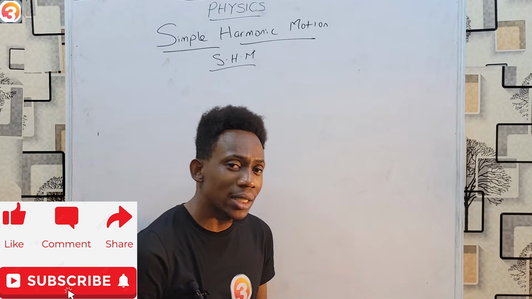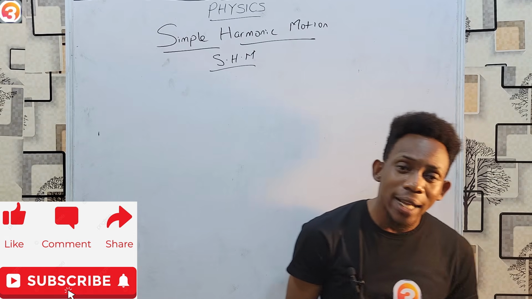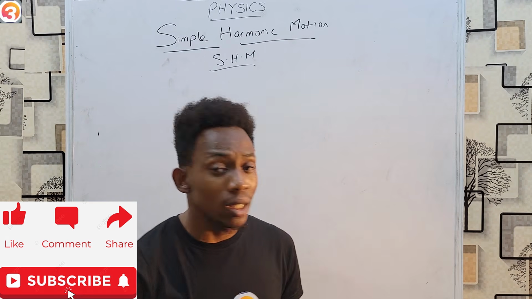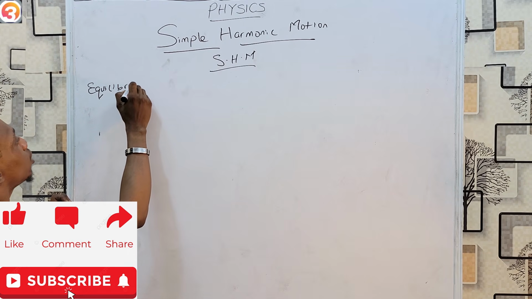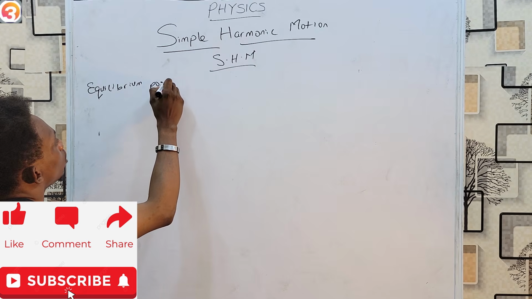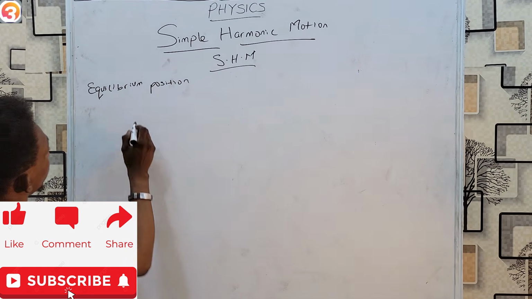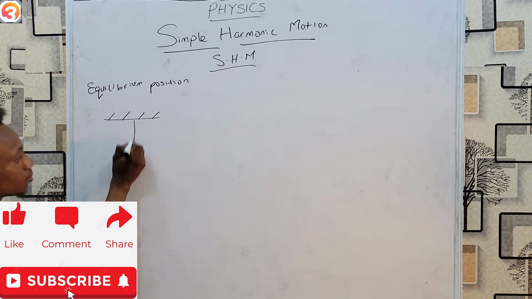One more time, the acceleration is proportional to the displacement from a fixed point, and it is also directed towards that point. That point is referred to as the equilibrium position.